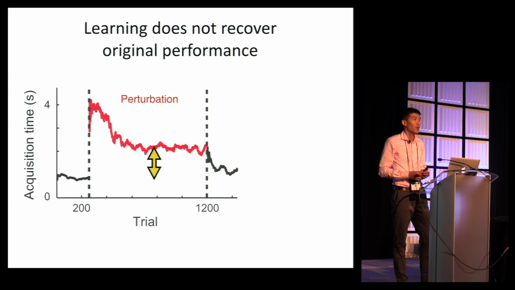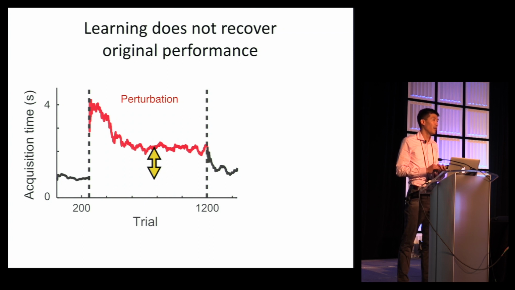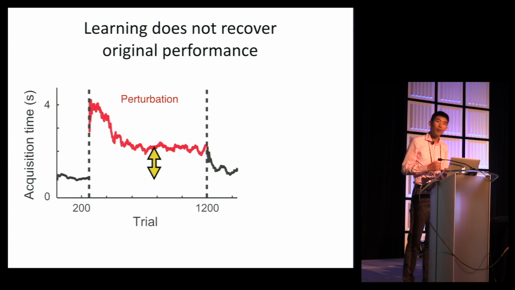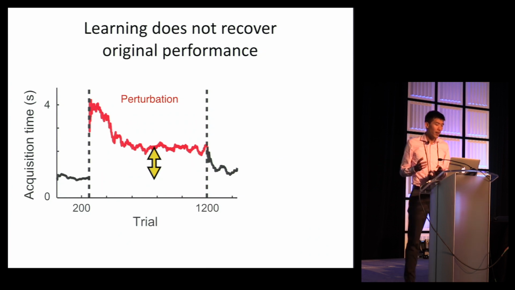One other test that we did in comparing these different hypotheses was to ask whether they are predictive of behavior. Something that we observed consistently in these experiments was that learning was imperfect. What do I mean by this? On the vertical axis here, we're measuring acquisition time, the time it takes for the animal to move the cursor from the center of the screen to the target.